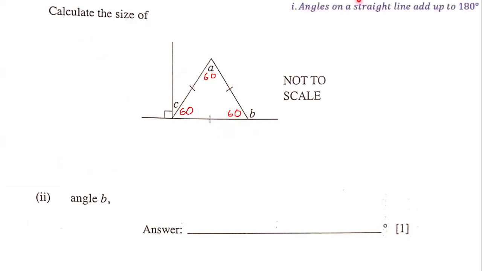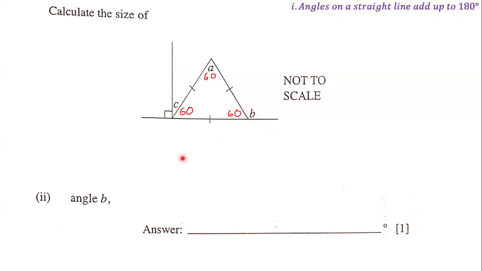Indeed, we can use this geometrical rule, which says angles on a straight line add up to 180 degrees. Notice that here we have a straight line, and both of these angles are on the straight line, at a common point. So that means that 60 degrees and B, if we add them up, should be equal to 180 degrees.